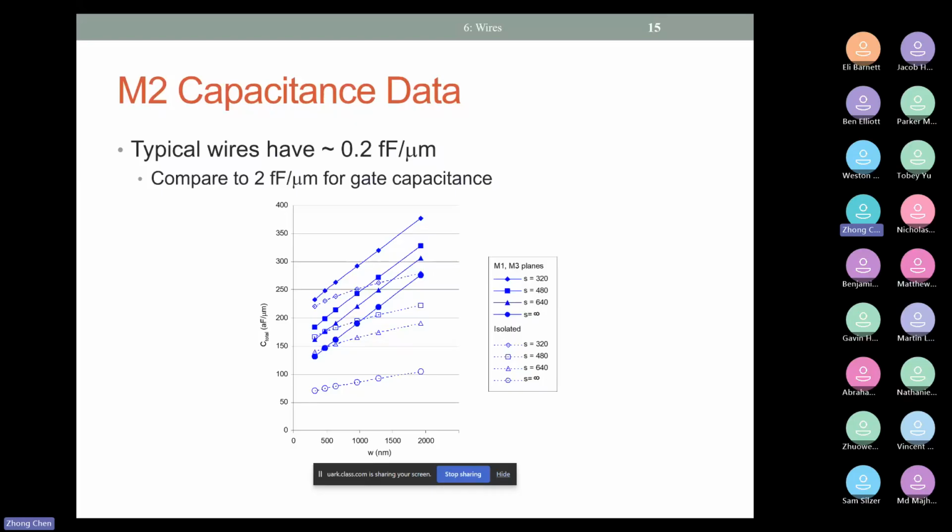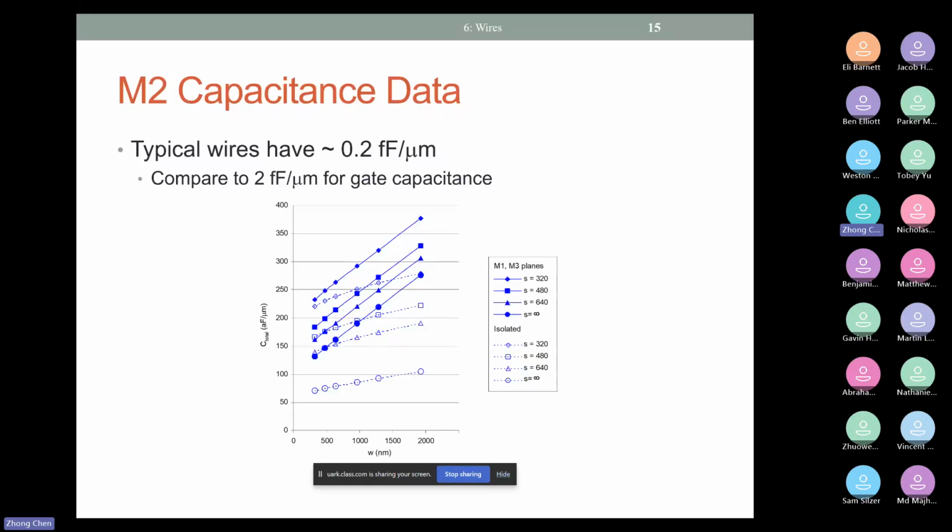That means if you are running a wire for 10 microns, you will get 2 femtofarad capacitance, which is the same as a 1 micron gate length. And it is very common to run wires in the range of a few hundred microns, or tens of microns. That is very common.